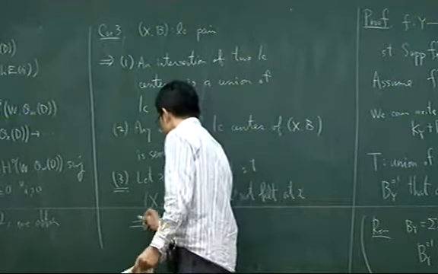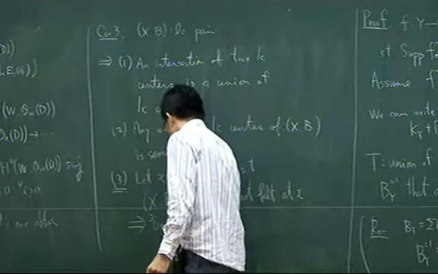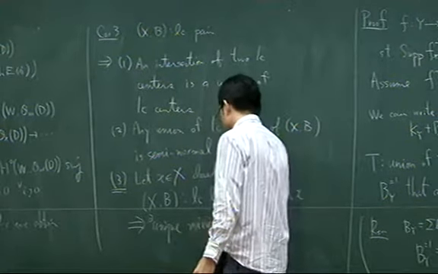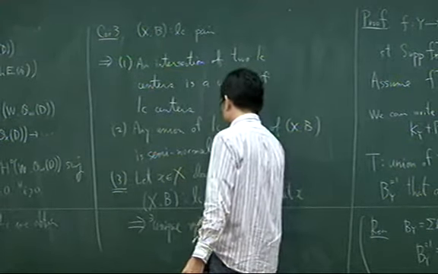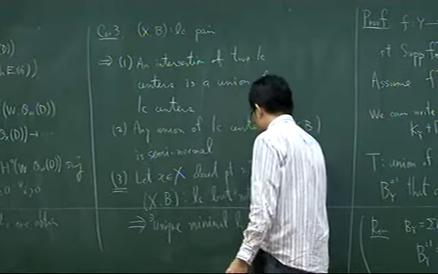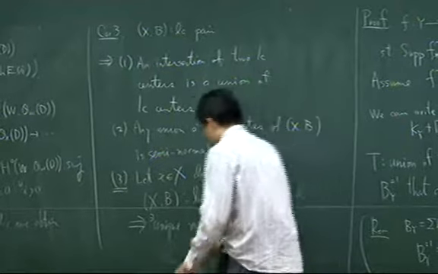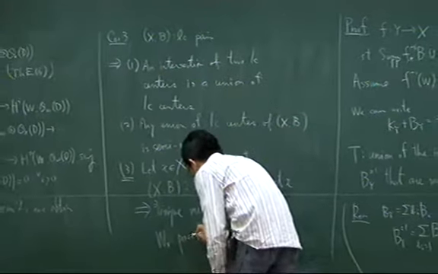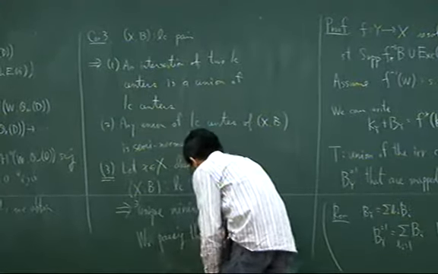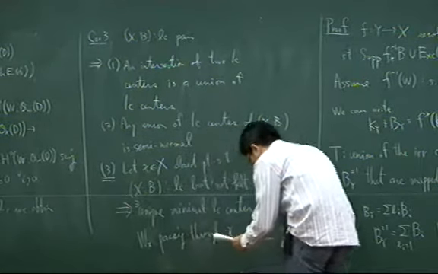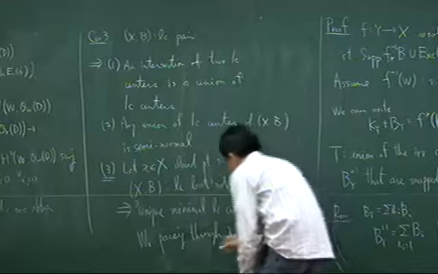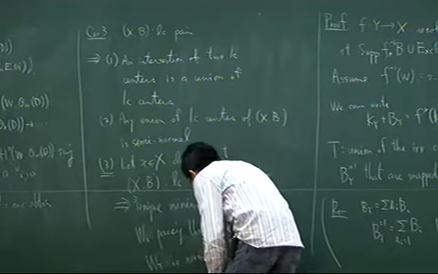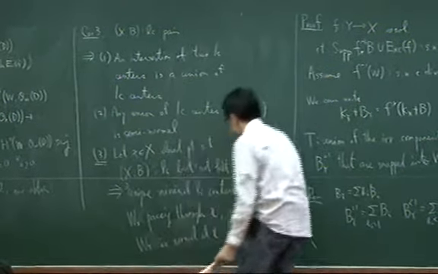Then there exists a unique minimal LC center W_x passing through x, minimal with respect to inclusion, and W_x is normal at x. Okay.